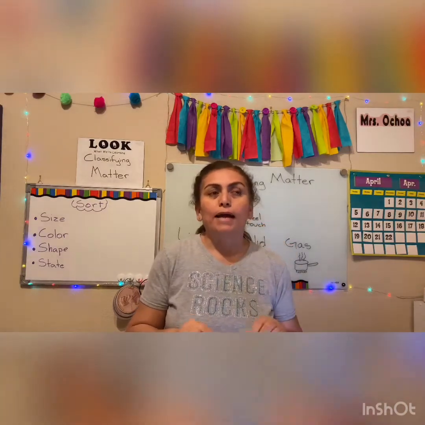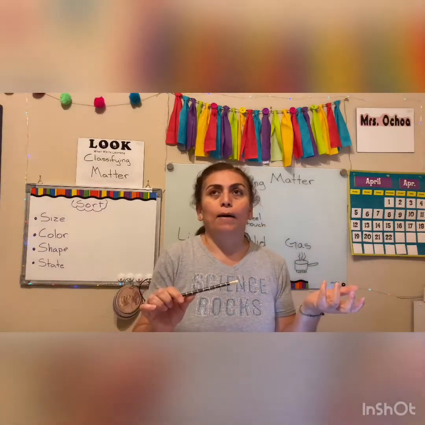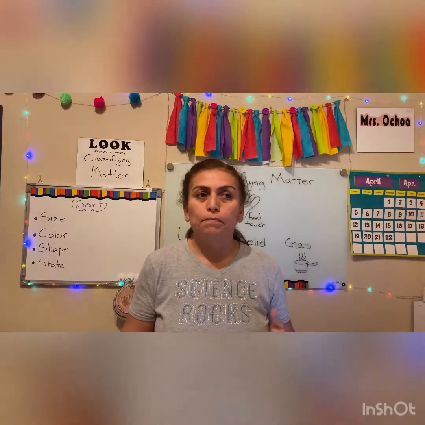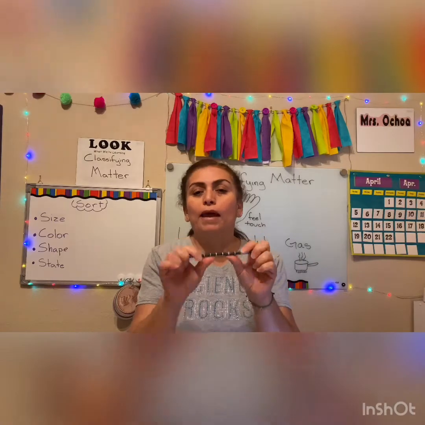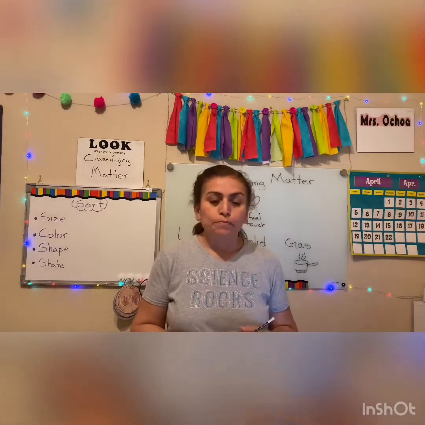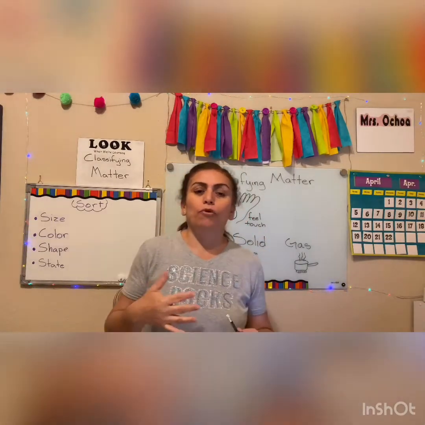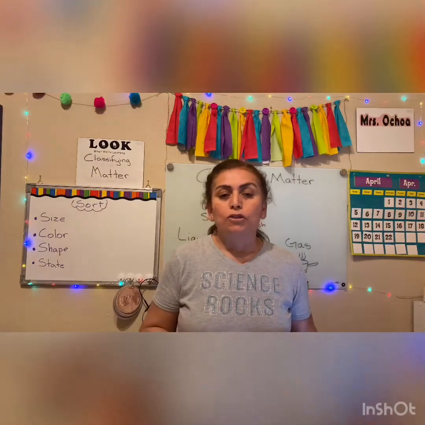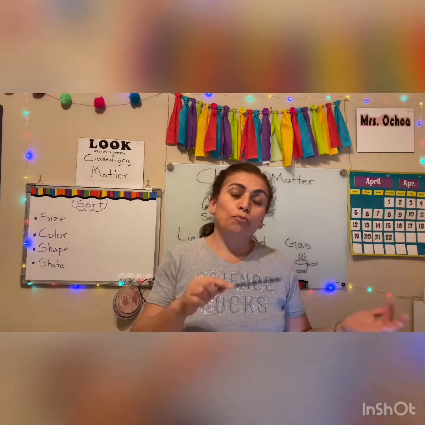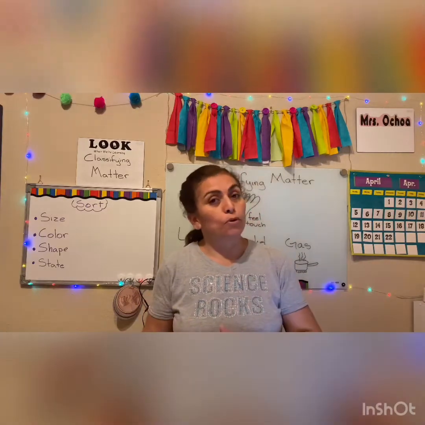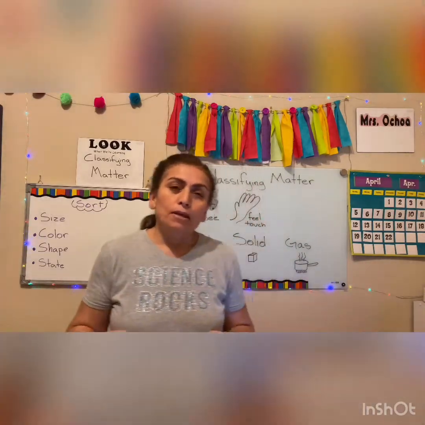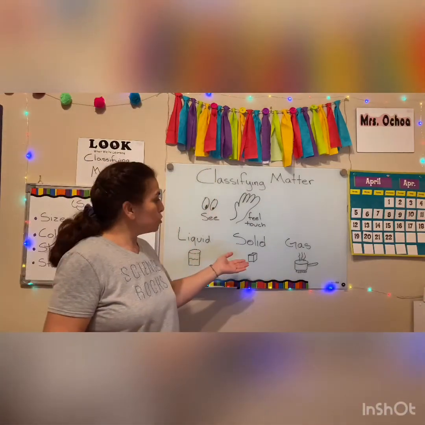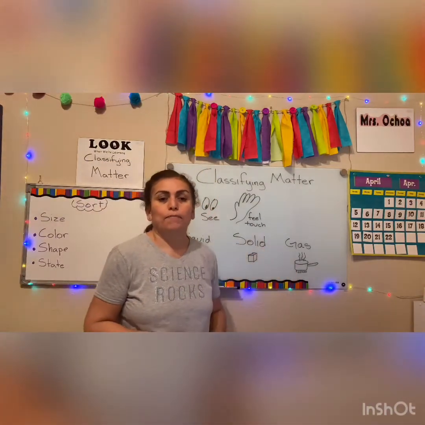But if I have a zip tie or a hair tie or a straw, I'm going to be able to bend that straw. Those are a few of these physical properties that we can observe in matter. So a straw would be bendable, but a spoon would be rigid. Okay, so we'll see a few examples of how matter looks in its liquid, solid, or gas state.